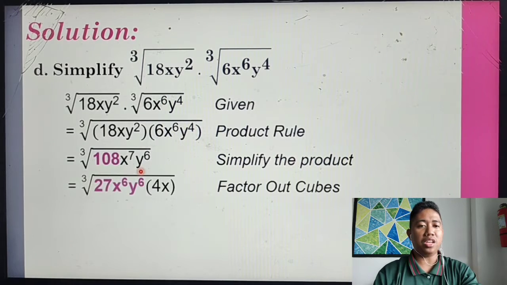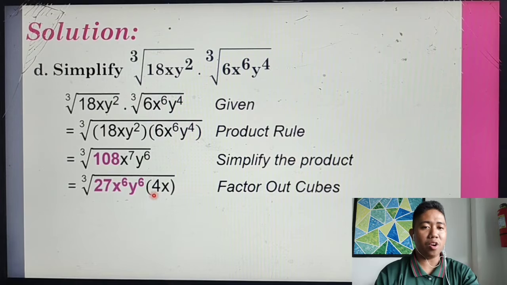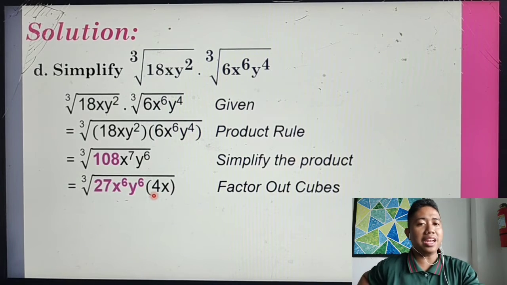The next step to do is to factor out the perfect cubes. Since the given radical term is a cube root, we find the possible factors with at least one perfect cube. And that is the possible factors of 108, which is 27 times 4. So we all know that 27 is the perfect cube number.